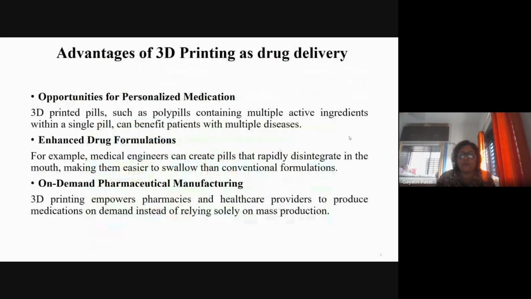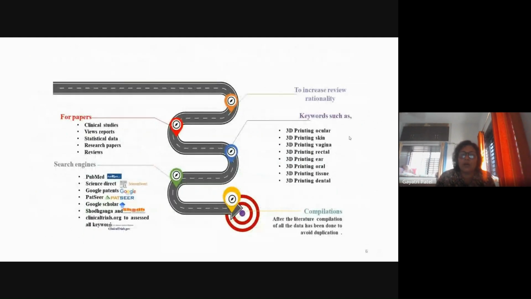With these, I have compiled some statistics. I referred to clinical papers, review papers, and statistical data, using keywords such as ocular, skin, vagina, rectal, ear, oral tissue, and dental, across different search engines.